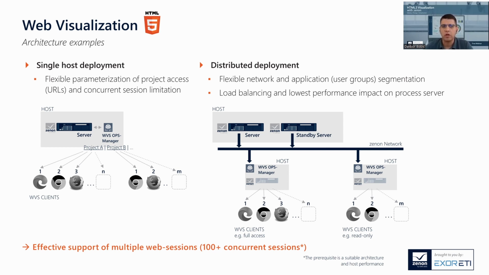Through the network on another machine without any special installation of Zenon, we can start Ops Manager and then share the project from server or standby server to VVS clients, in this case with full access or with read-only access. So multiple web sessions are supported. It is, of course, strongly related to the performance of the host computer.